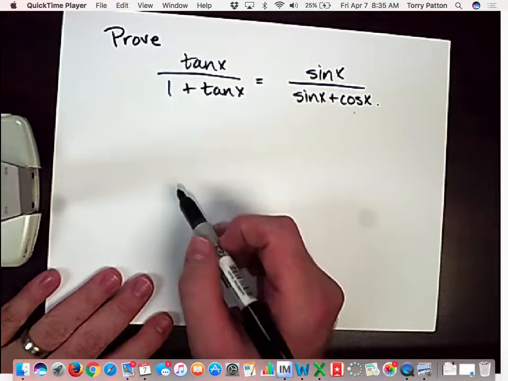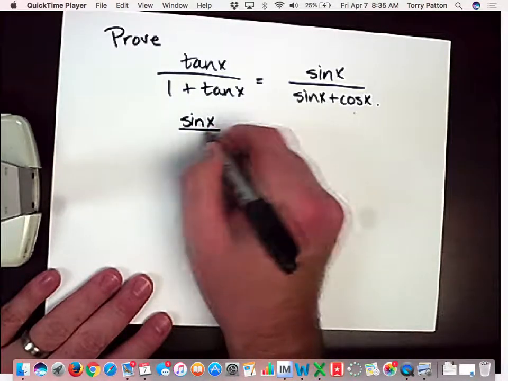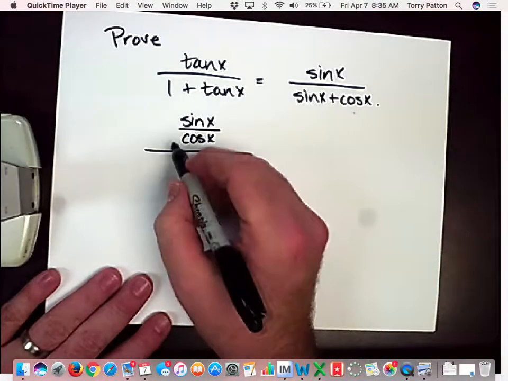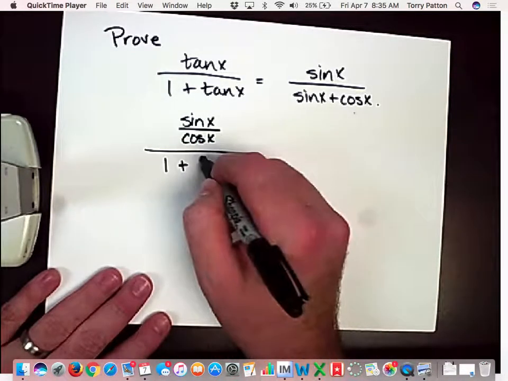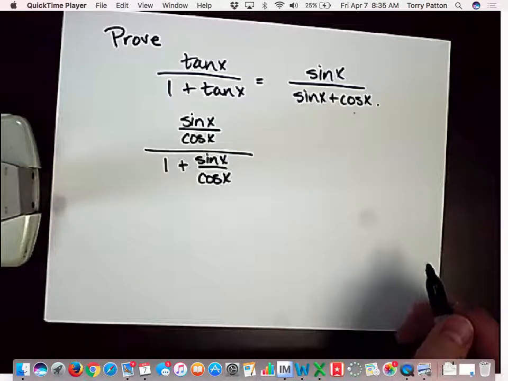So tangent we could write as sine x over cosine x, right? Over 1 plus sine x over cosine x. And what we have is a complex fraction, or compound fraction. How can we simplify a compound fraction?